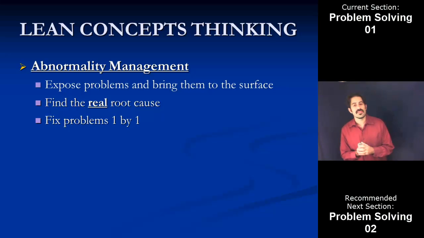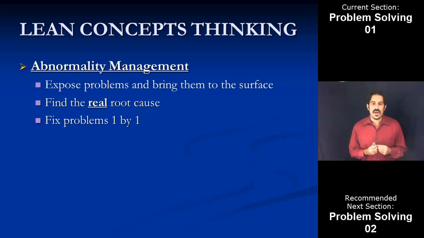And then the last one, from my experience, I would be willing to say is probably the most important. This notion of fixing problems one by one as an incremental, stepwise process. Because in the real world, it's nice to go through a presentation or a case study and find a problem and solve it. But in the real world, everybody knows when you walk into your office in the morning, there's 100 problems.